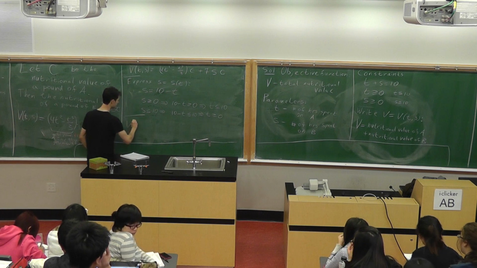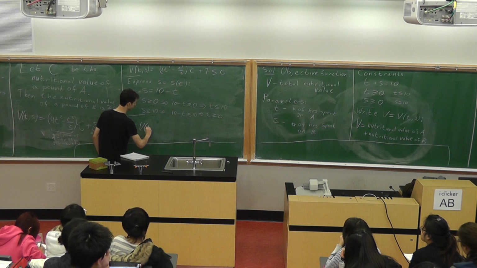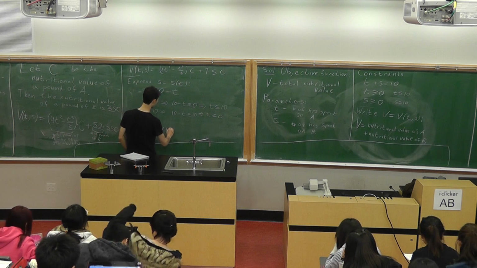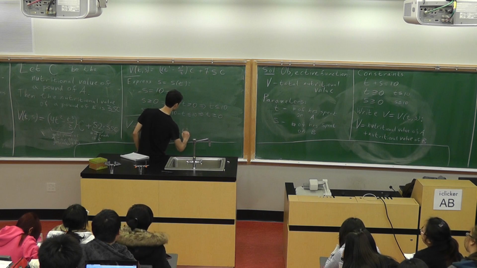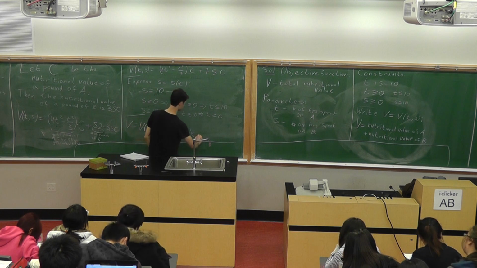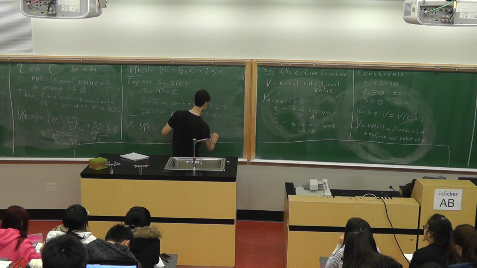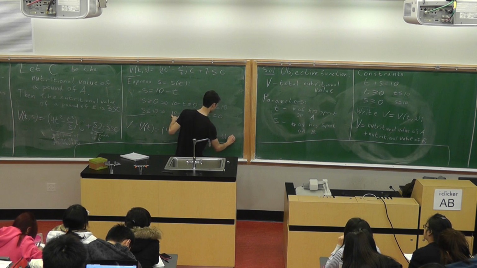Now we can write B as a function of t alone. I plug in my S, so it's 4t squared minus t cubed over 3 times c plus 7 times S, which is 10 minus t, and times c.